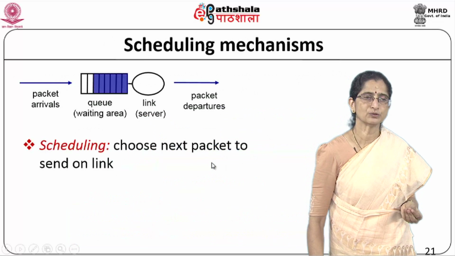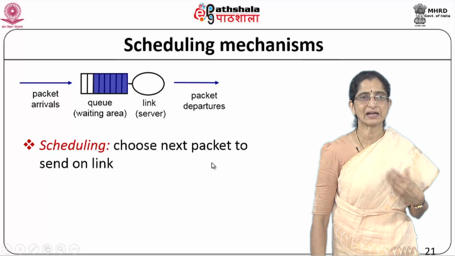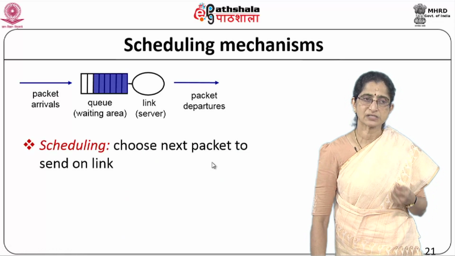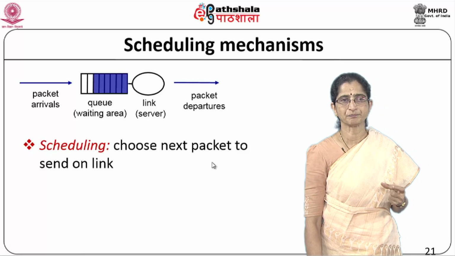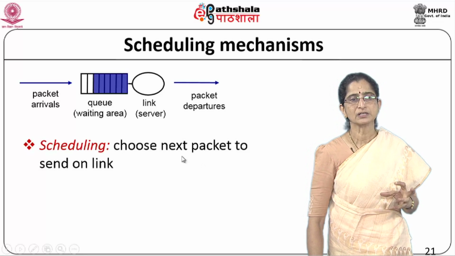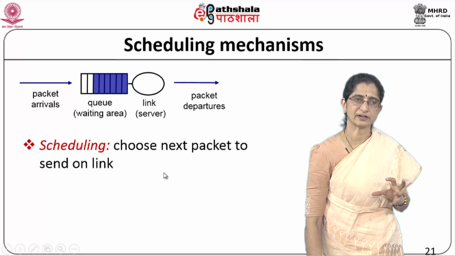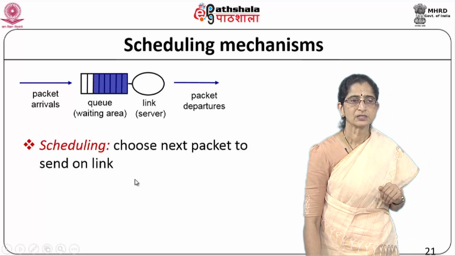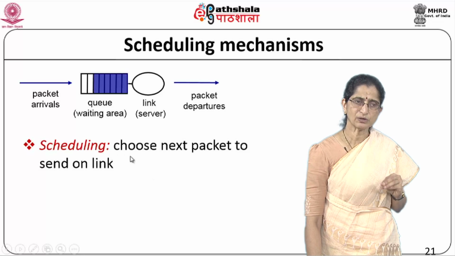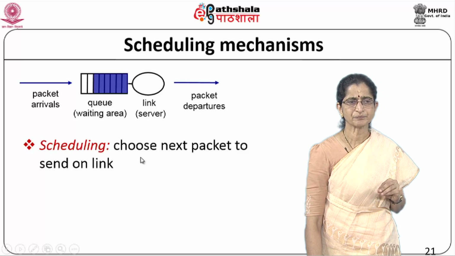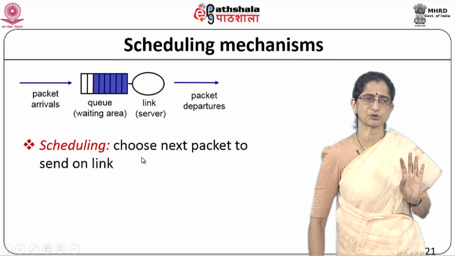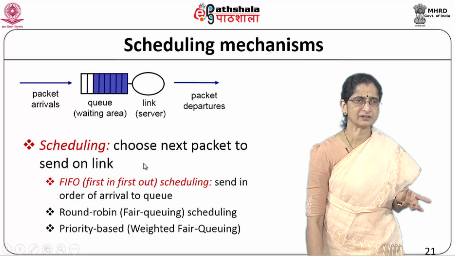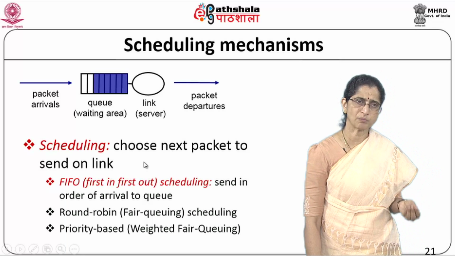Normally, to ensure this, we have different scheduling mechanisms, which make sure that you are able to use the network resources effectively. If there is some unused resource, you would like to use it. The scheduling problem is that of determining which is the next packet that needs to be sent out on a link. There are different, very commonly known techniques.